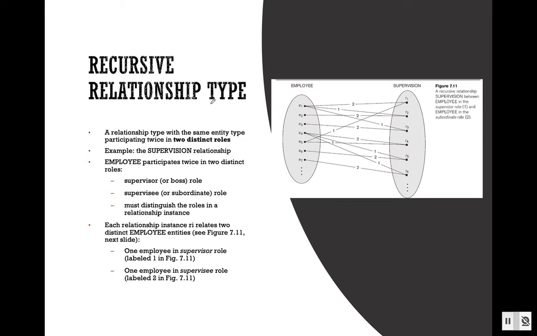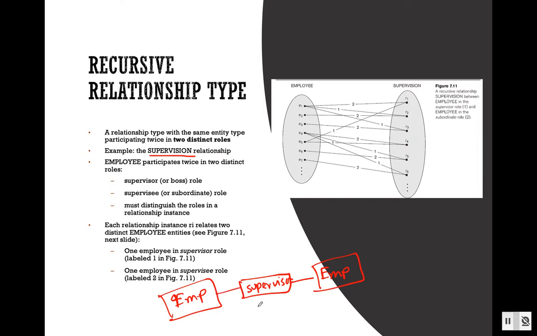We can have a recursive relationship type. A recursive relationship type means we have the same entity type on both sides. For example, the supervision relationship connects employee with employee. It will look like that: supervision, with the employee on this side and the employee on the other side.